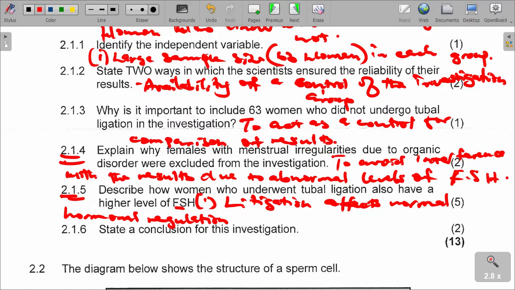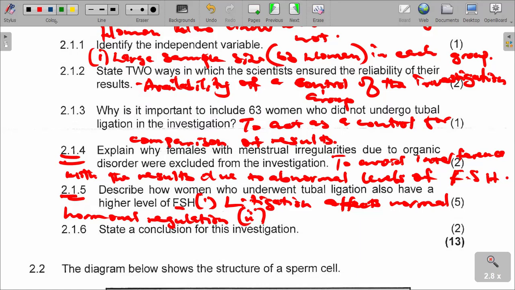And then we also have number two. Remember that this hormonal control is regulated through what? Through negative feedback.